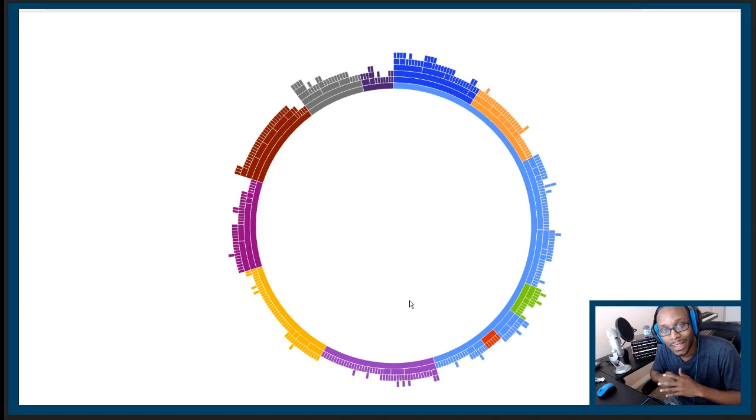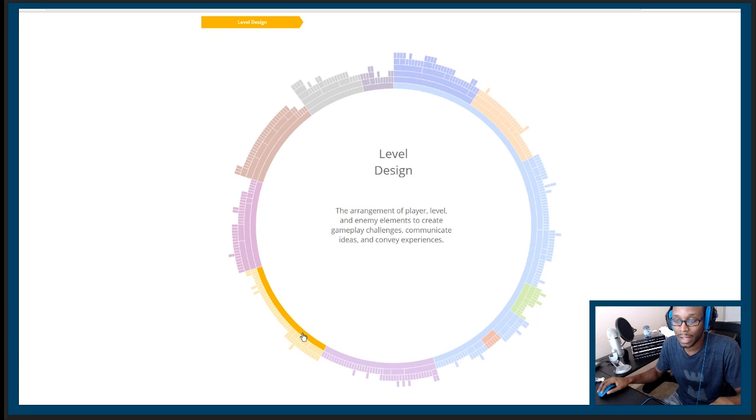So as far as design topics go, today we are exclusively going to be talking about level design, which is the arrangement of player, level, and enemy elements to create gameplay challenges, communicate ideas, or convey experiences. In a puzzle game, the levels are usually broken up into bite-sized chunks, so we're going to be talking about what kinds of things are communicated via these bite-sized chunks.